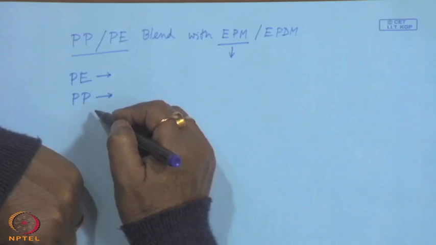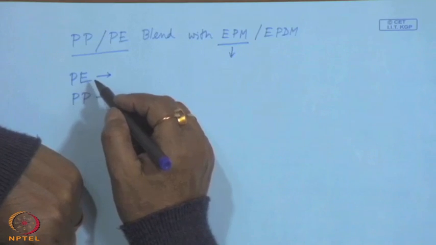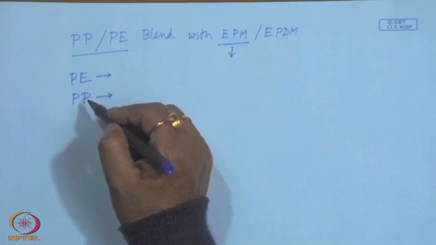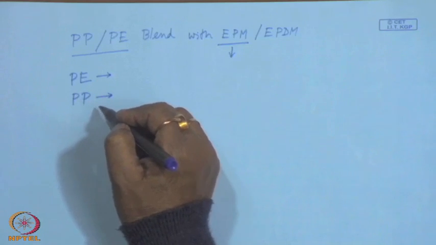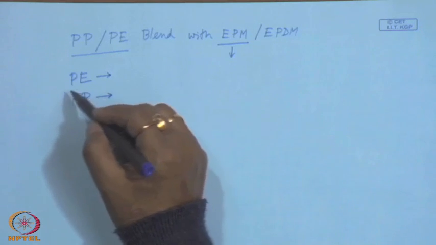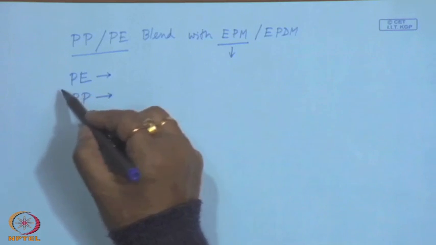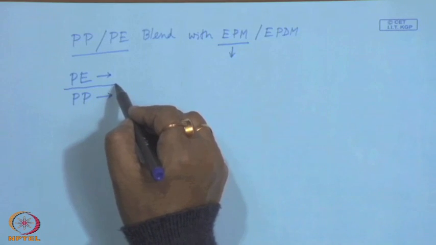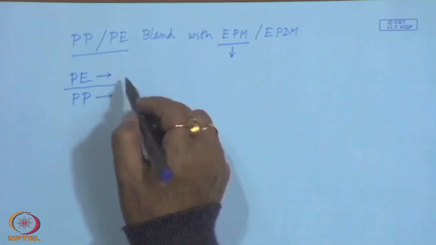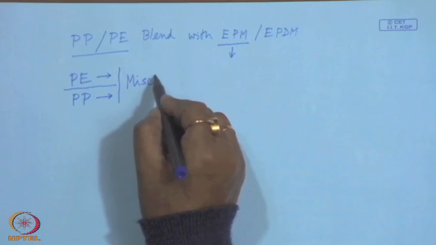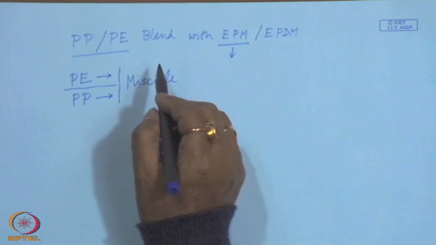As we have found, if some propylene unit is copolymerized with ethylene, it will form a copolymer of ethylene and propylene that is elastomeric, whereas polyethylene is plastic. The same effect can happen over here. That means they can lead to an incompatible blend.